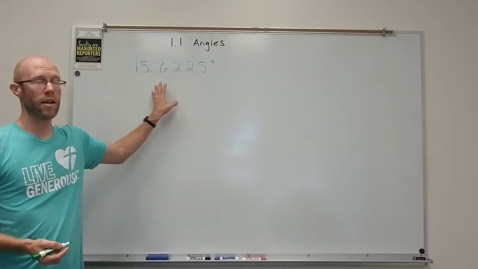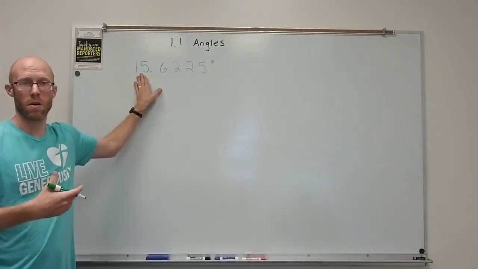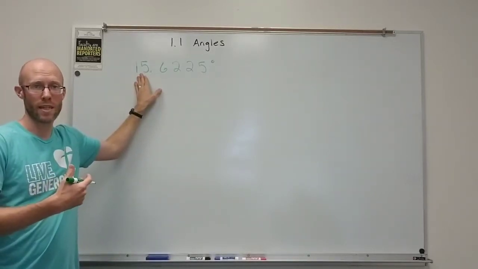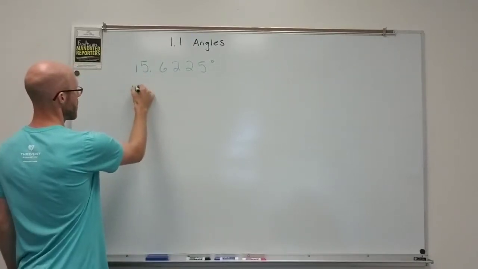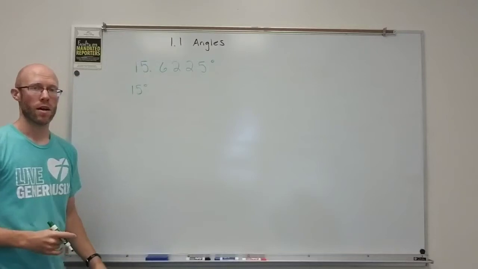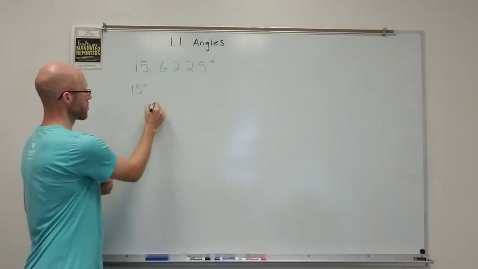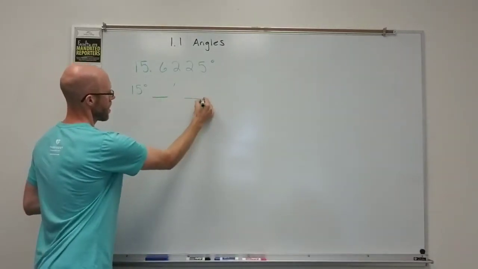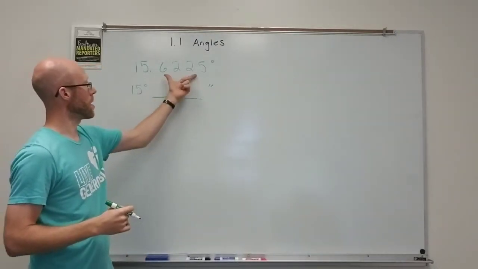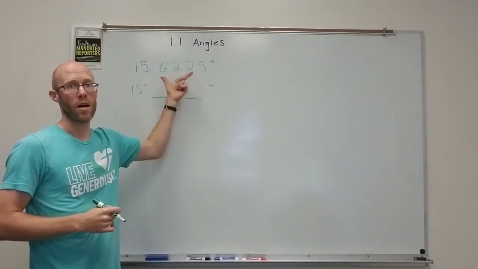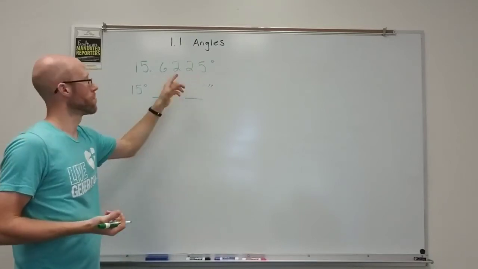To do that, I already know the 15 is my degree, the whole number degree on the end, so I'm going to just say that off to the side. And what I really need to know then is how many minutes and how many seconds are represented by this decimal. So I really just need to work with a decimal.